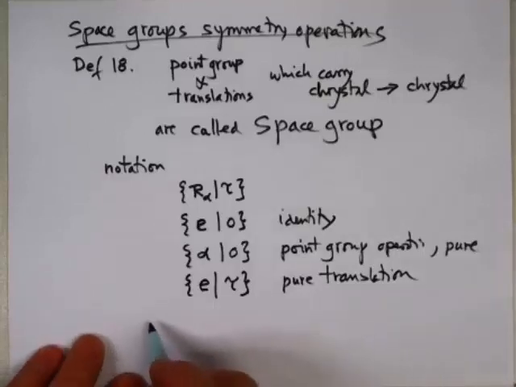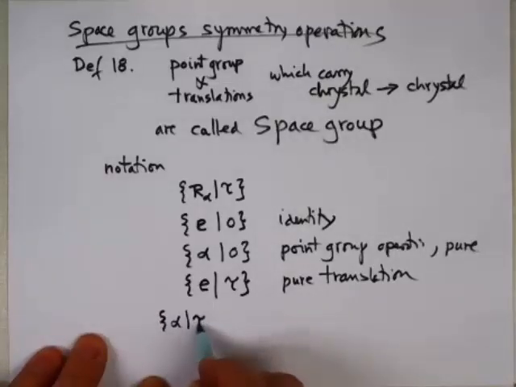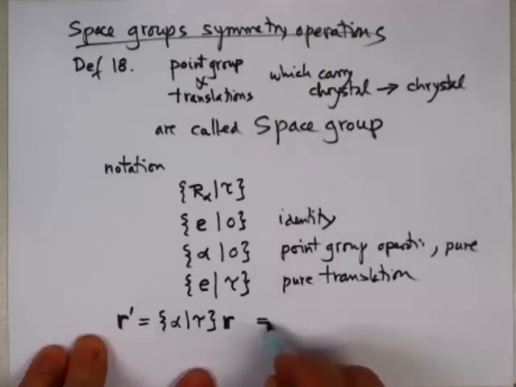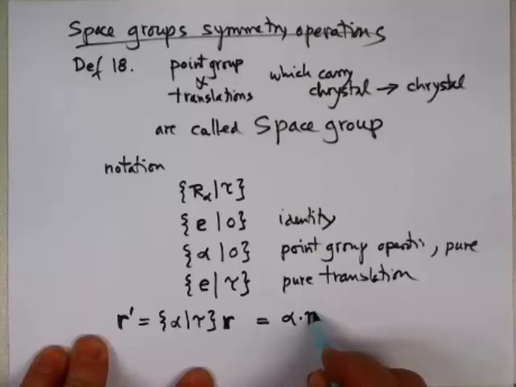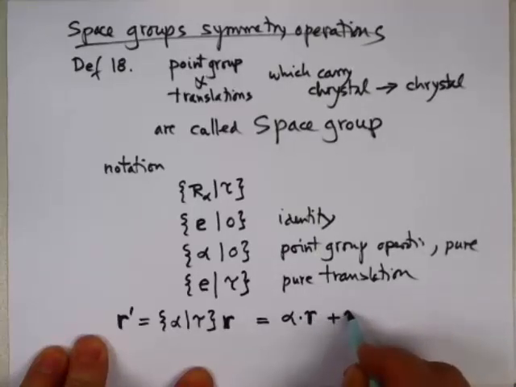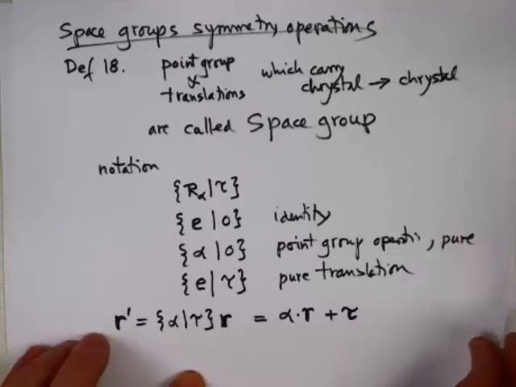We can write this in a matrix form. We can write alpha tau acting on a 1, 2, or 3-dimensional vector R as some kind of matrix representation of alpha, like a rotation matrix, acting on R, plus a translation by a vector tau, which is again a 1, 2, 3-dimensional vector. Now what's the multiplication?